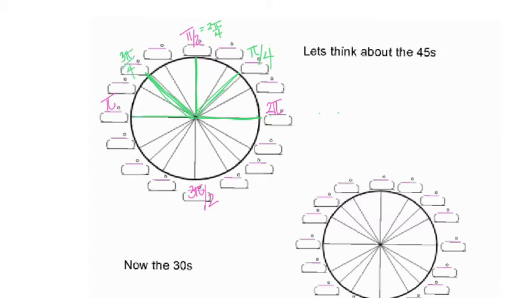And then I get here and I'm at 4 pi over 4, which is the same as 1 pi. Keep going, I have 5 pi over 4, 6 pi over 4, and then 7 pi over 4, all the way to 8 pi over 4, which is the same as 2 pi.